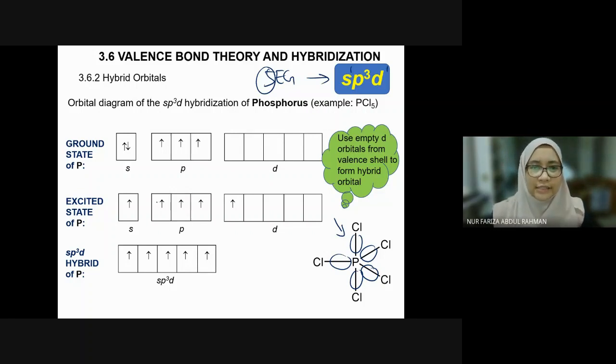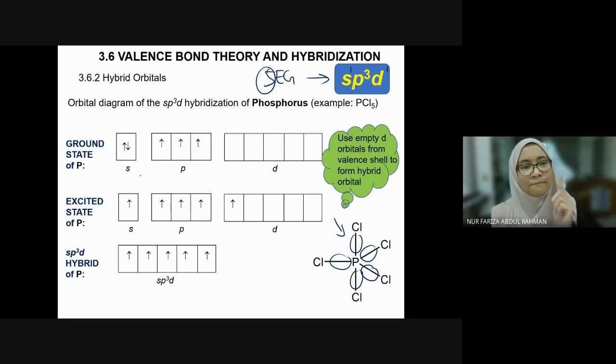Okay, so we start. Here there is no orbital overlap, which is better, it's easier to show. So we start with phosphorus. Phosphorus comes from group 15, which means phosphorus has 5 valence electrons. We have a filled s orbital, and in p we have 3 unpaired electrons.